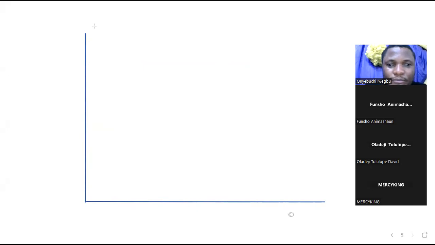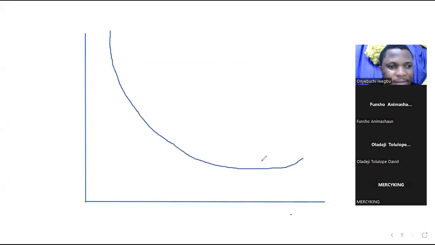It shows the shape of the indifference curve. So you see it's having like a C shape to the origin. That's the meaning of the convex shape. Who is speaking? Funsho, right? Yes, sir. Okay. Any other person? Please, you can answer what he said if you feel that is the answer.